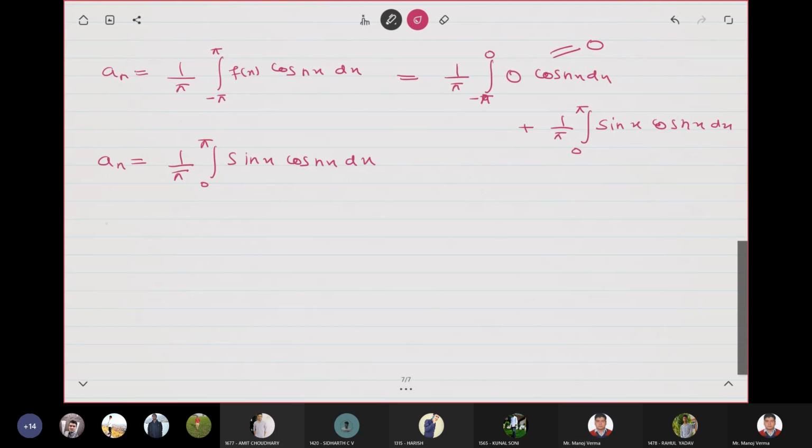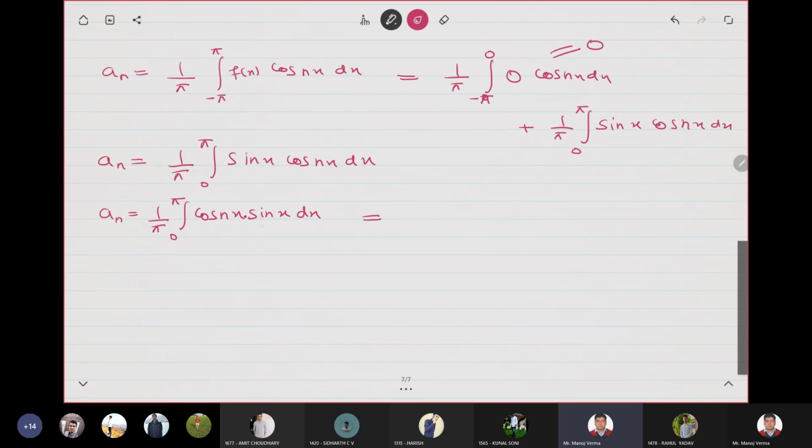See, what I will do is I will do a n is equal to 1 over pi, 0 to pi cos nx. I can write this cos nx first and sin x later on, so that this formula becomes cos a sin b.